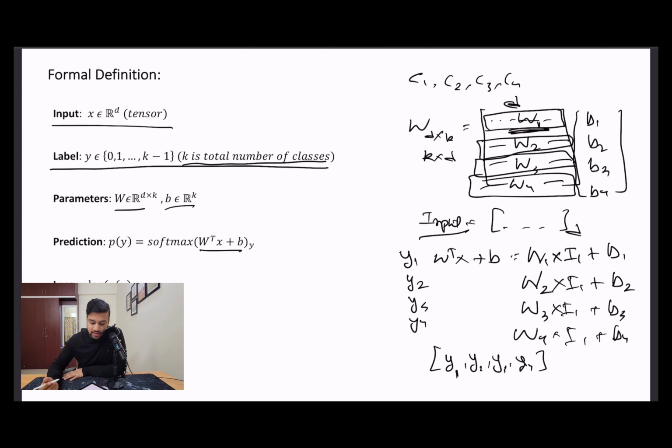Now essentially what we want to do here is that for the class for which the weight into input plus bias is the highest, we want to say that that input belongs to that class. That class is the most suitable classification for that input point. So we basically want to do an argmax of this vector.